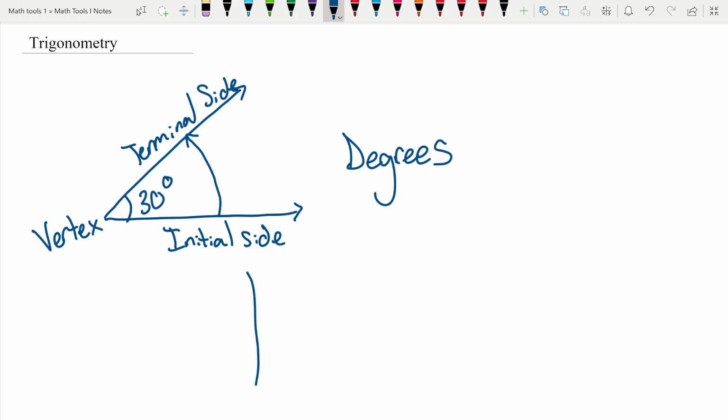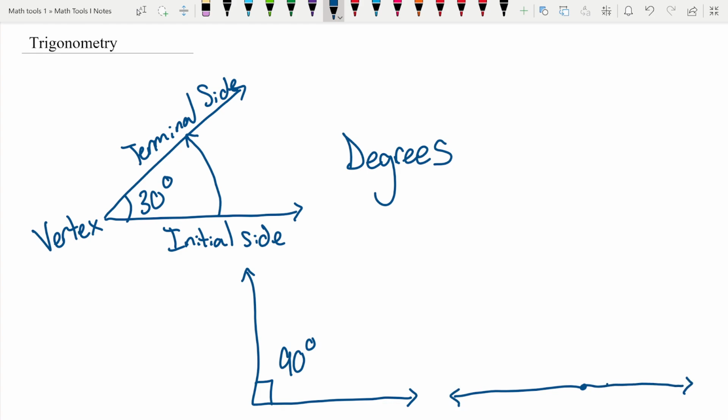And of course, there are some special angles. You have your 90-degree angle, which we represent with a drawing like a square right there. So this is 90 degrees. If we just have two rays back to back like this, we would say it's 180 degrees.